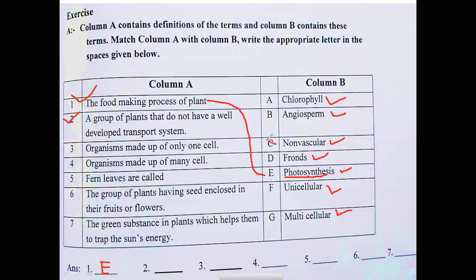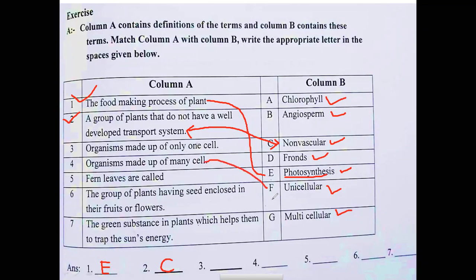Non-vascular. A group of plants that do not have a well-developed transport system is called non-vascular. Number two is C. Now, number three is organisms made up of only one cell called, what is the answer?